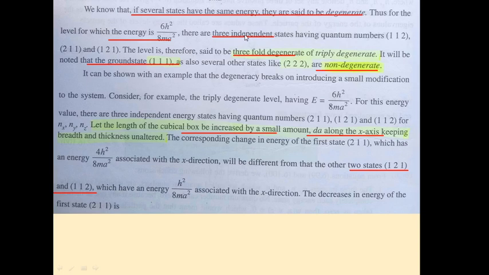Now, if by chance you have identical quantum numbers, that is nx, ny and nz are the same, then that reshuffling or combinations are not possible, and therefore it is referred to as non-degenerate. That means they cannot have any kind of fold. It's a simple non-degenerate case. Anyway, let's look at the degenerate case and how it is going to be resolved.